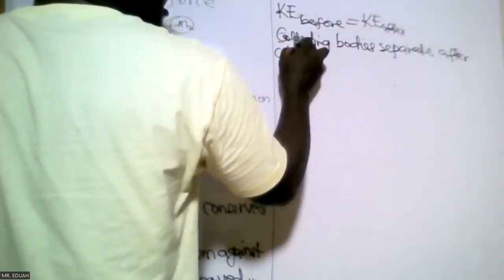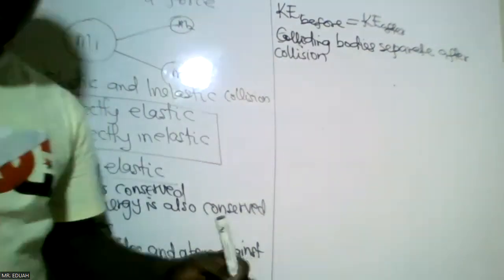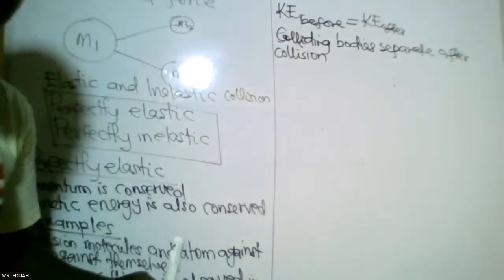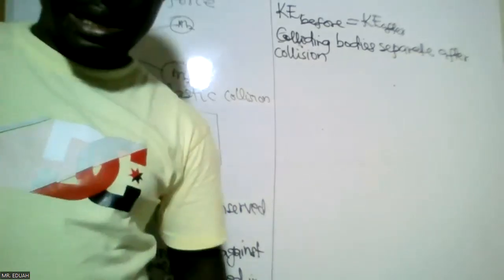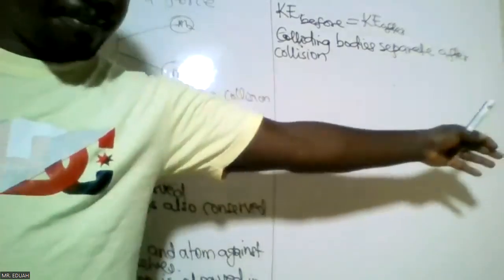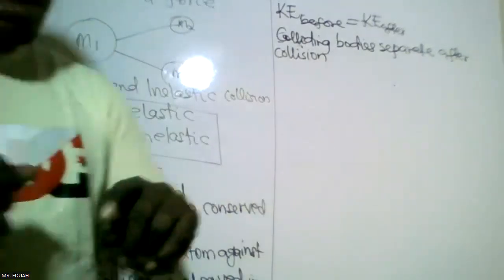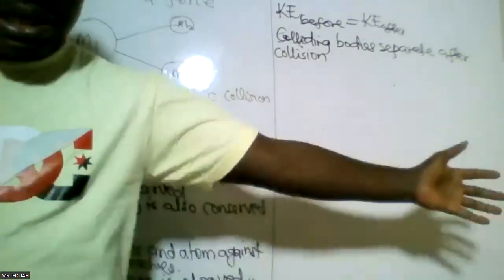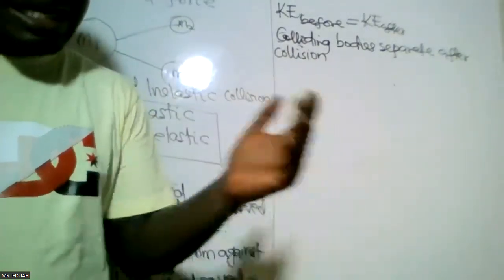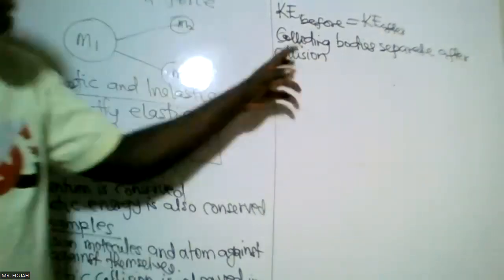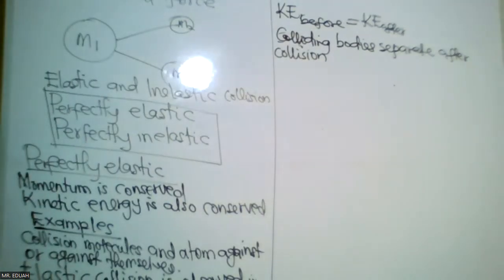So when the soccer ball or football is kicked with the leg, the leg is somewhere, the ball is somewhere. When one snooker ball hits the other, the two bodies separate and go in their separate directions. Tennis ball, the same thing. So in elastic collision, the colliding bodies separate after collision.